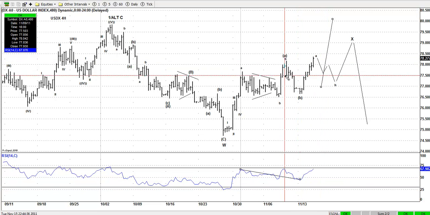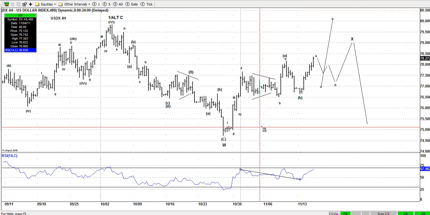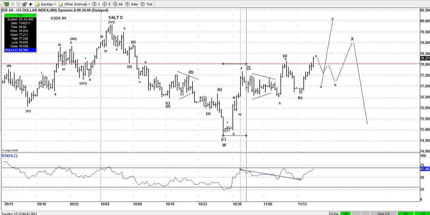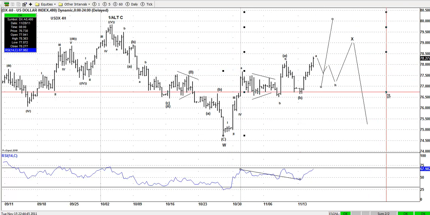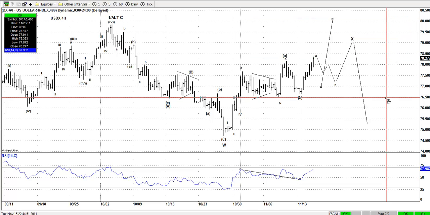So maybe what we got on Sunday and Friday was a C-wave flat, and then the dollar is going to look from the equal legs that come around the 79 proposal area. Who knows?